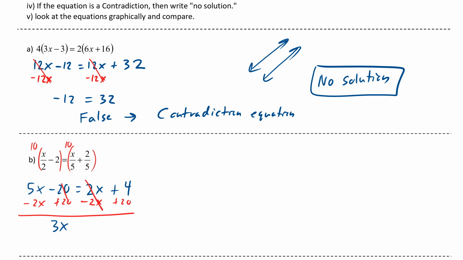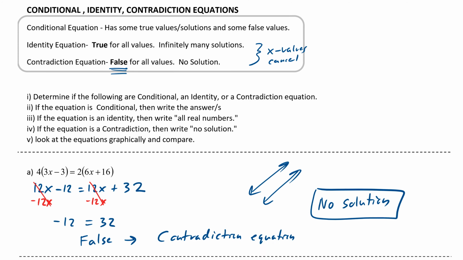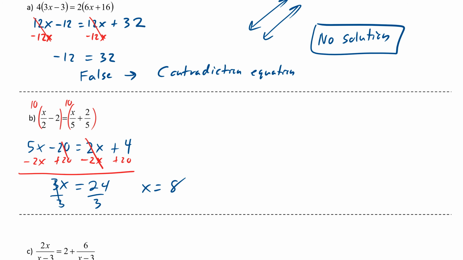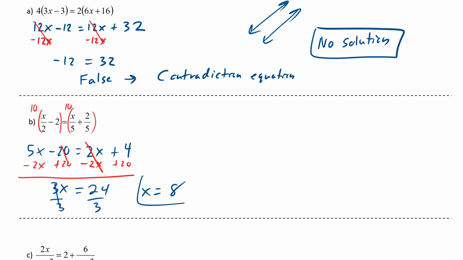We end up with 3x equals 24. Divide by 3, divide by 3, x equals 8. So that's the first one. This is a conditional equation. We got x equals some number, so it's a conditional. And it makes sense because what's our condition? That x is 8. So this is true if x is 8.